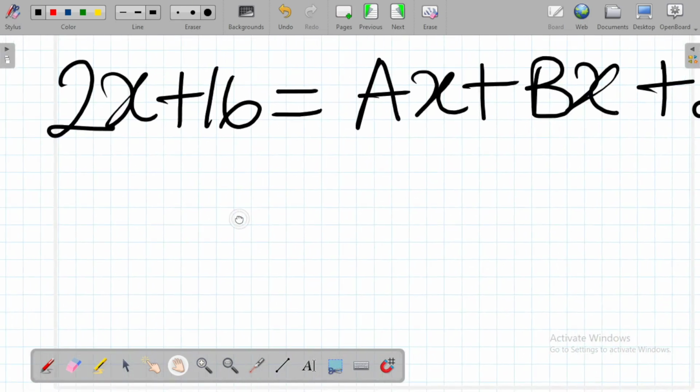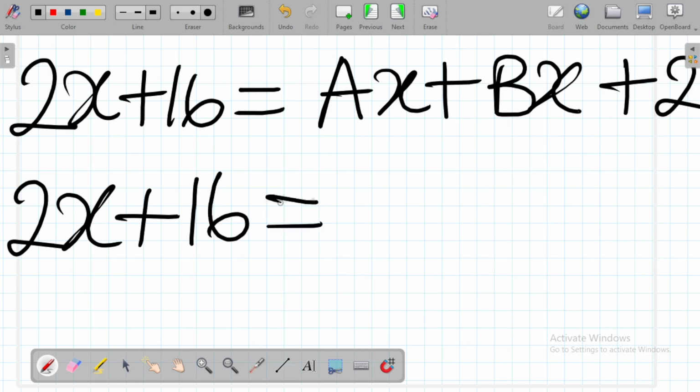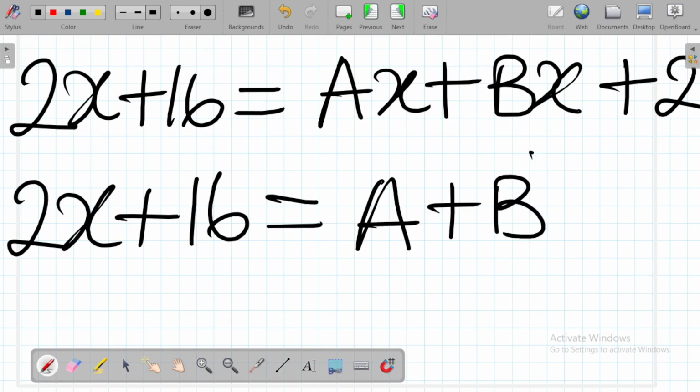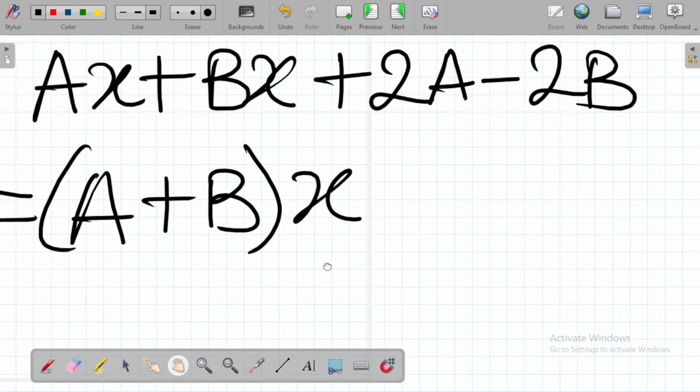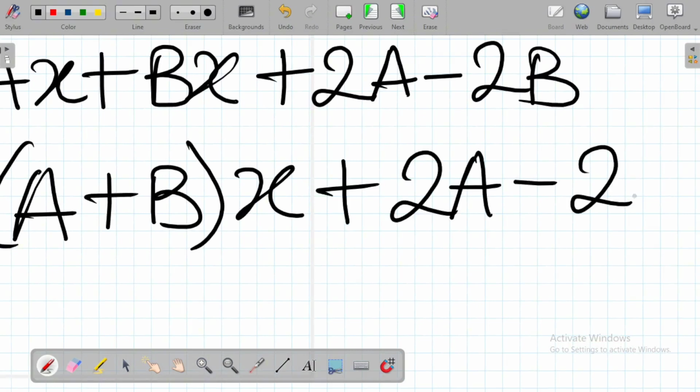So now let's factorize. So here we have 2x plus 16 is equal to, you notice that x is common between ax plus bx. So we'll bring out x. So we have a plus b multiplies x, and then plus 2a minus 2b.